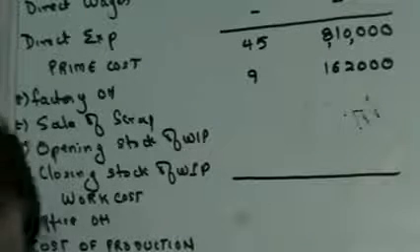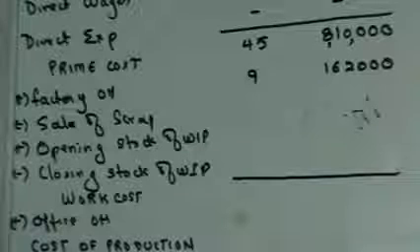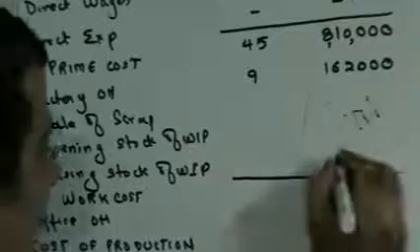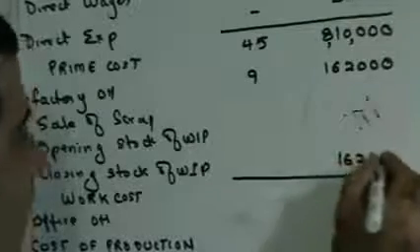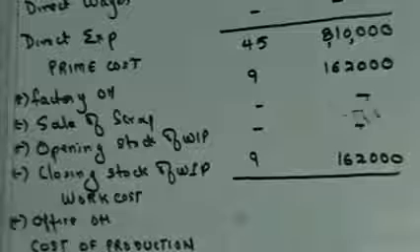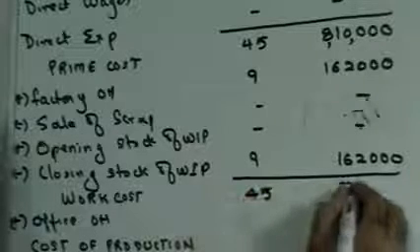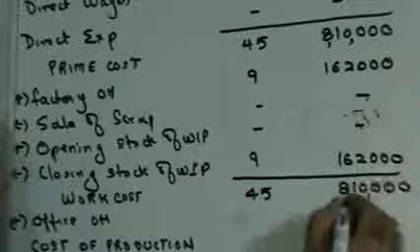Now just a minute. Let's see, do we have any work in progress? Yes. You have work in progress as of 31st March 2004. Closing stock of work in progress is given to you as 1,62,000, which is going to be 9. There is no sale of scrap, there is no opening stock, there is closing stock of work in progress. So this is going to be 45, this is going to be 8,10,000.